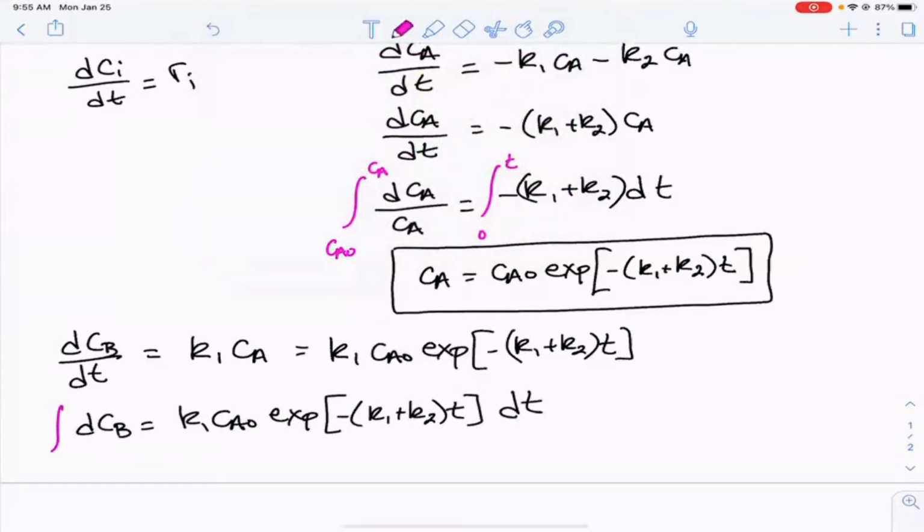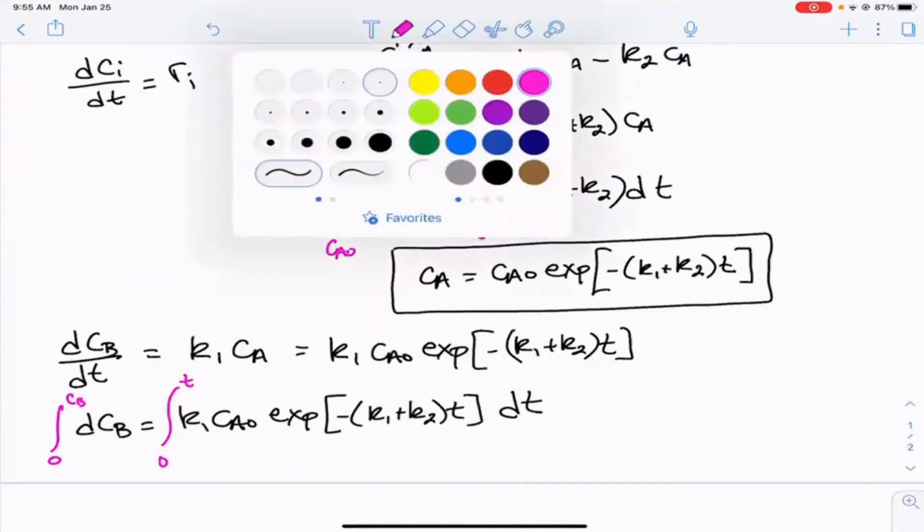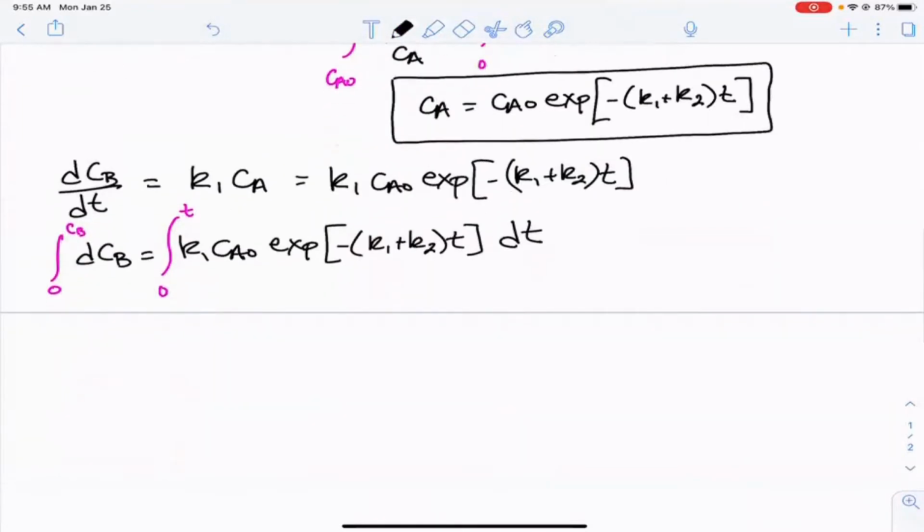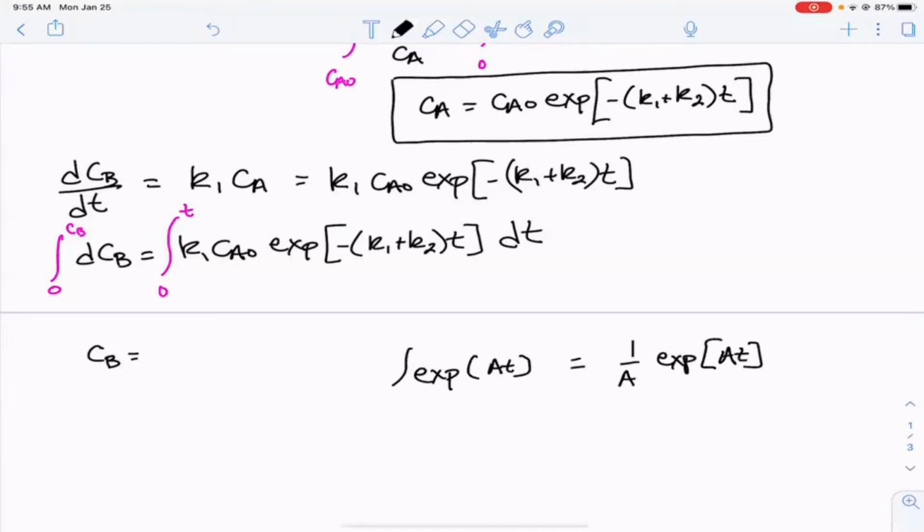And we can now integrate from CB0 to CB and integrate again from 0 to t. But we know that the concentration of CB at the beginning is equal to 0. That was in the problem statement. And so let's do that. Well, this just becomes CB on the left-hand side of the equation. And then this is equal to, remember the integral of the exponent, right? If you had the exponent of at, the integral of that is 1 over a times the exponent of a times time.